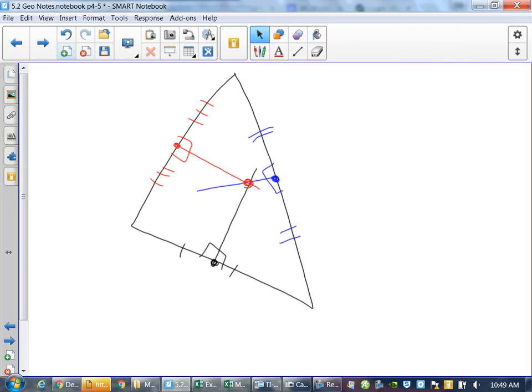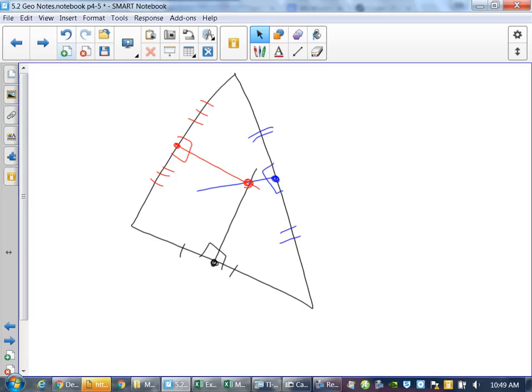It's not the greatest looking picture, but I was trying to draw this a little off-centered so it wouldn't work out to be directly in the middle. Since you have 3 sides in a triangle, you could have 3 perpendicular bisectors. And you just kind of draw them out that way.